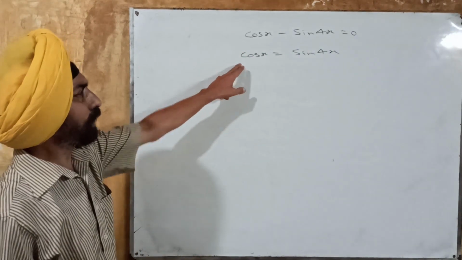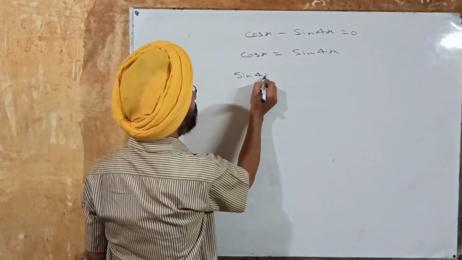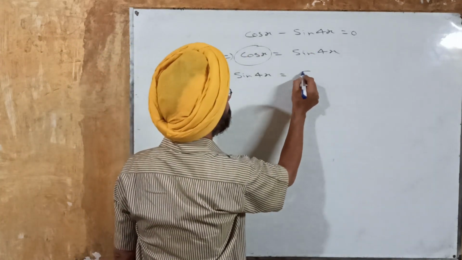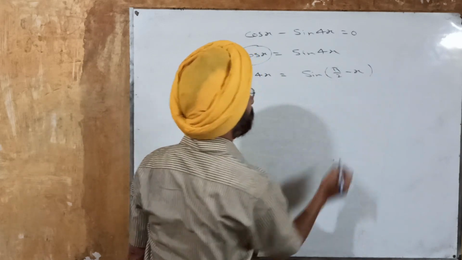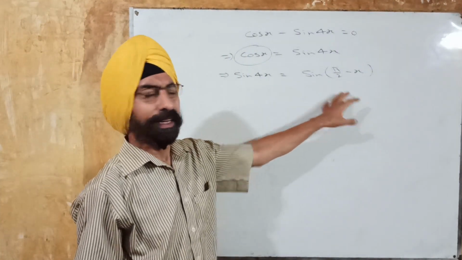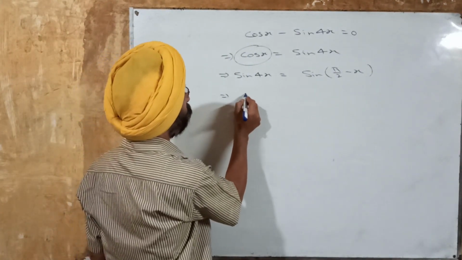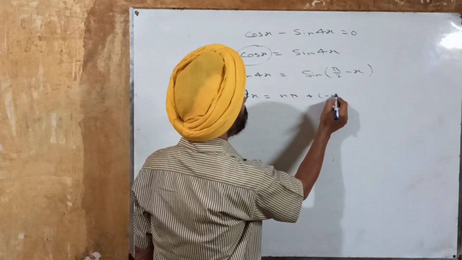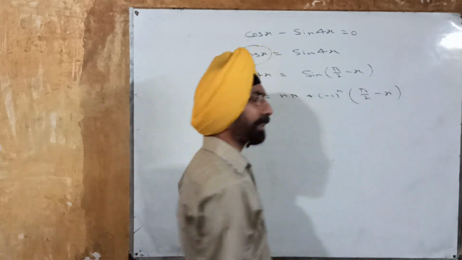And this cos x I can write as sin pi by 2 minus x. Now it is sin x is equal to sin alpha, and you know that the result is 4x is equal to n pi plus minus 1 raised to the power n into pi by 2 minus x.